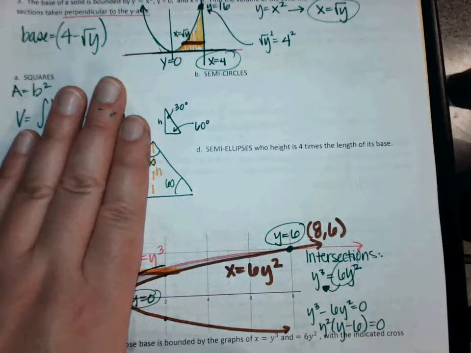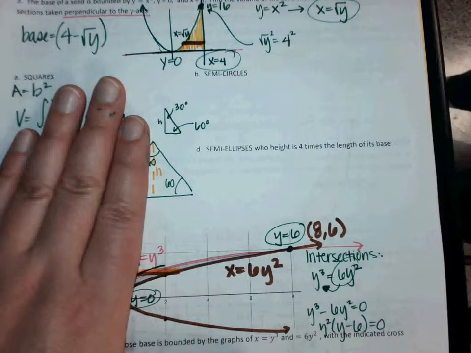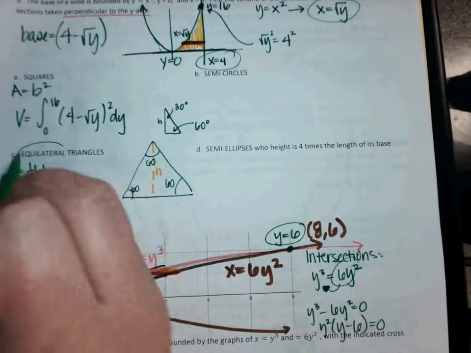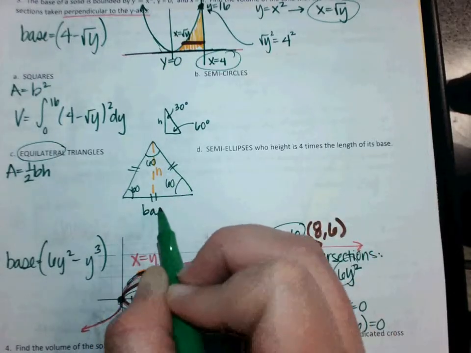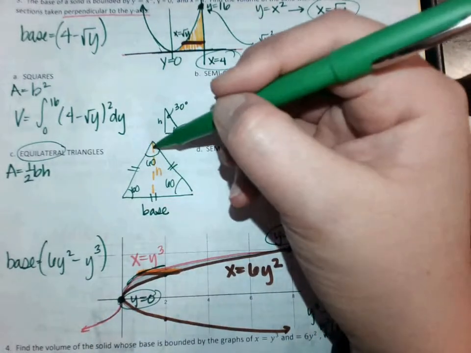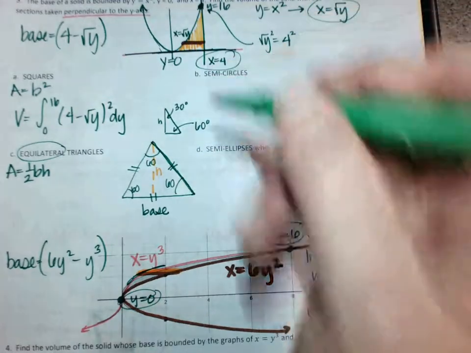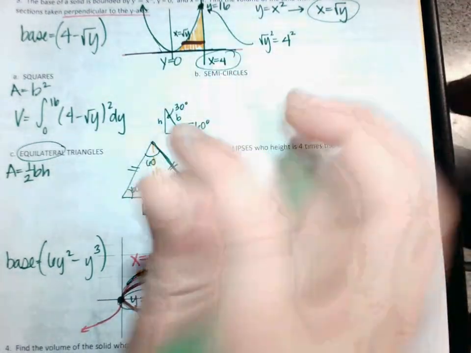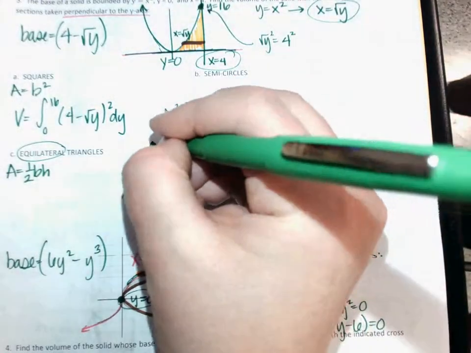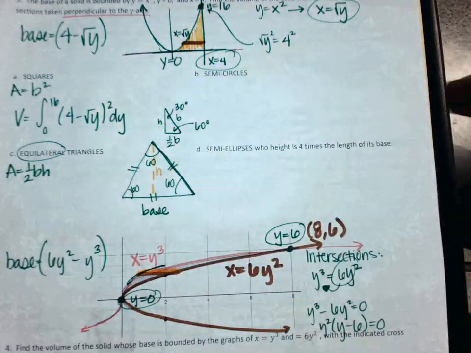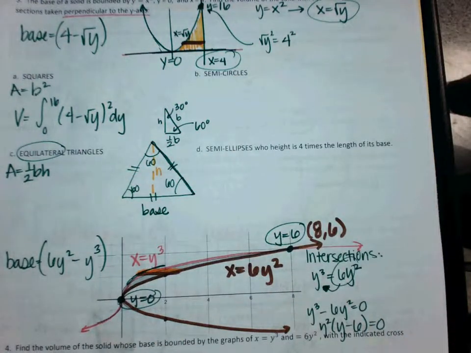Now I want you to think about the ratio of your sides. Okay, if this is equilateral, that means all 3 of these match each other. This is the base. Then how long is this? The base. And so if this is the base, how long is the short side? Base over 2, or half of the base. Because remember, that's the ratio for specials, is the hypotenuse is double the short side.